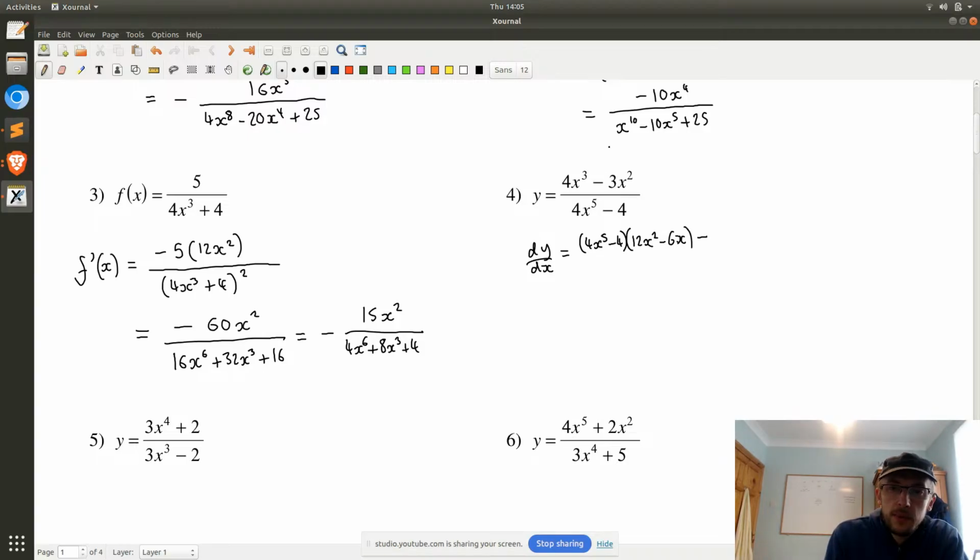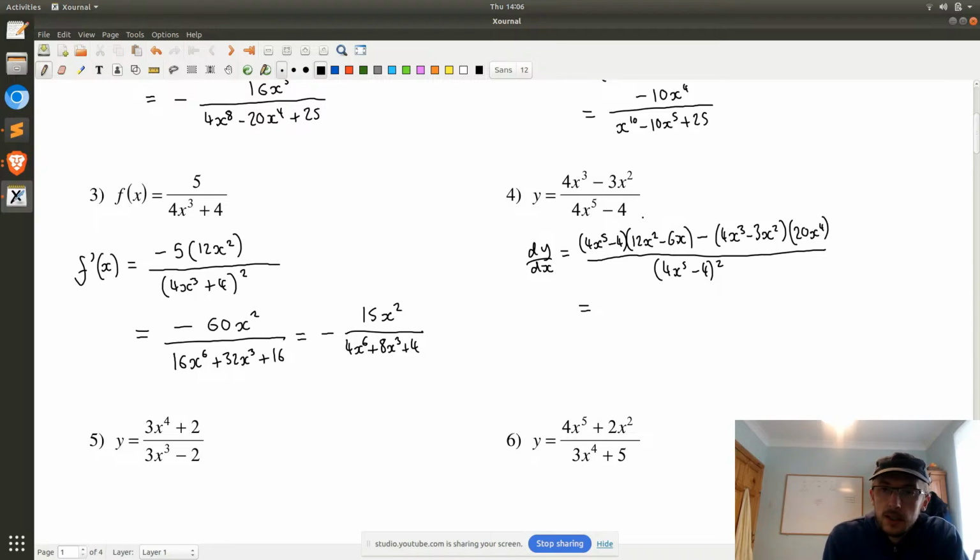Minus the top times the derivative of the bottom, which is 20x to the 4. And all of that is over the square of this.